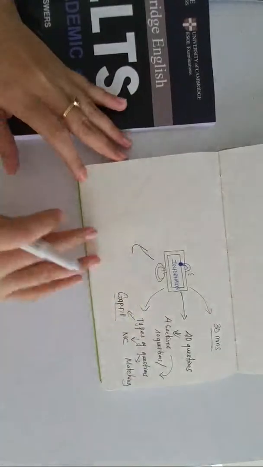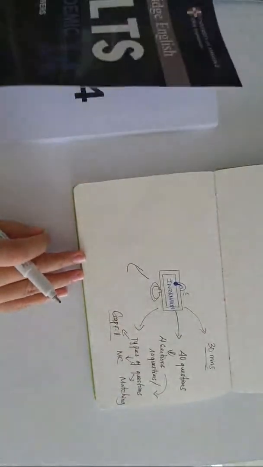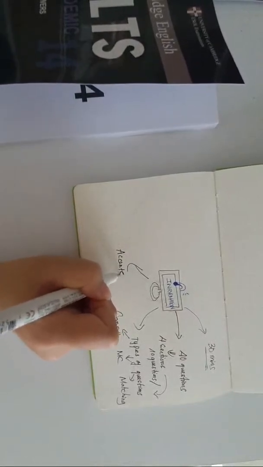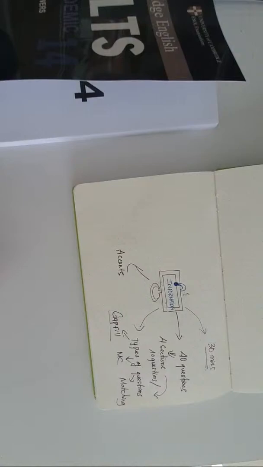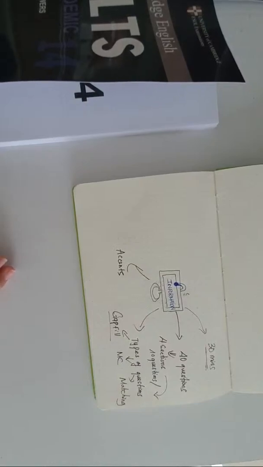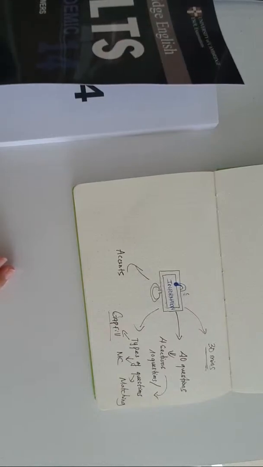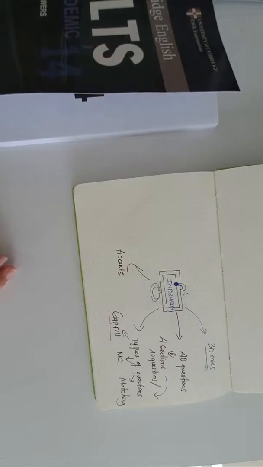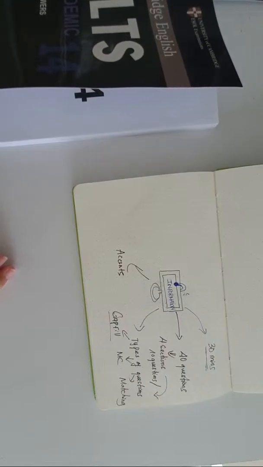Okay, pretty clear, right? The next thing that you need to know about the IELTS listening test is actually about the accent. You know, accents, right? So there are different English accents. You know, like different native speakers or even non-native speakers as well. Maybe British accent, American accent, Canadian accent or Australian accent.